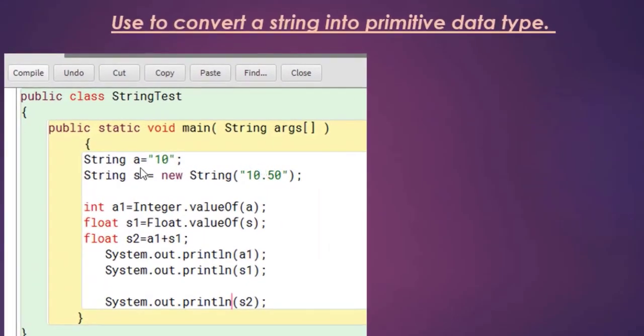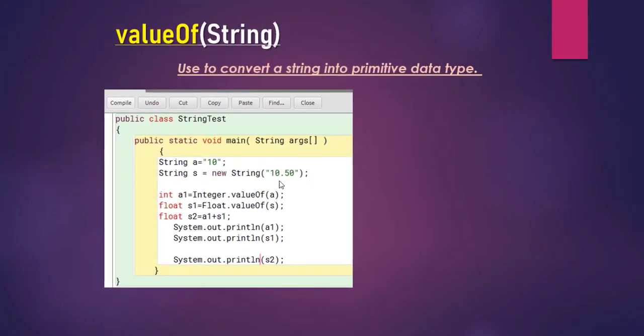See the example. Here A equals "10" within double quotes, S equals "10.5" within double quotes, meaning these two numbers are treated as strings in this case. Now if I want to use that 10 and 10.5 for arithmetical operations, we have to use the valueOf function here.